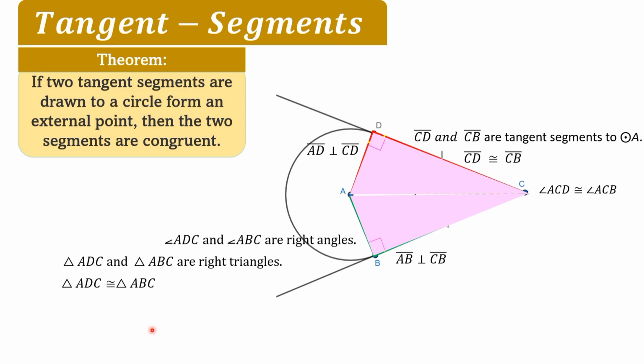Hence, triangle ADC and triangle ABC are right triangles. Hence, triangle ADC is congruent to triangle ABC.